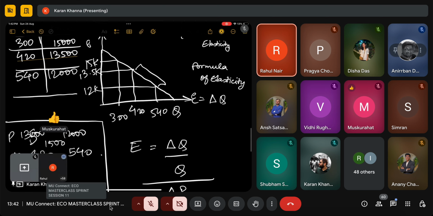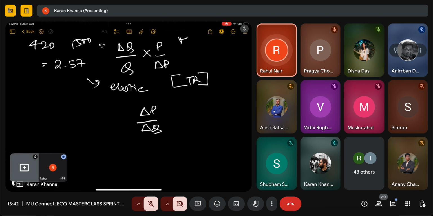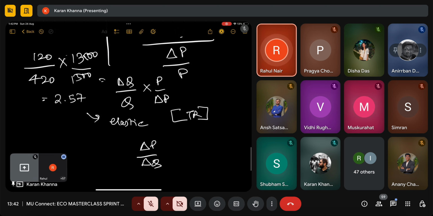Because P is the y-axis, the slope will always be change in y by change in x. Q is the x-axis, so it will be delta p by delta q. And we know the formula here is delta q by q multiplied by delta p by p. If I keep it, delta q by delta p multiplied by p by q, right?